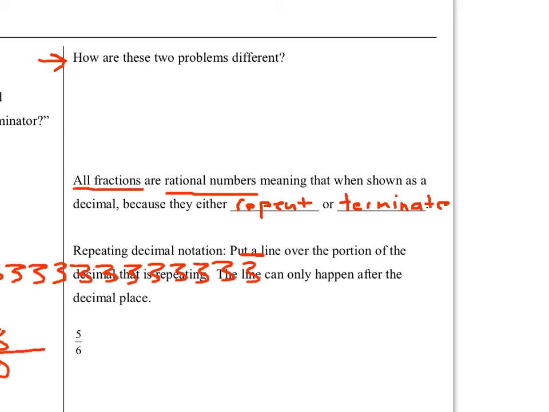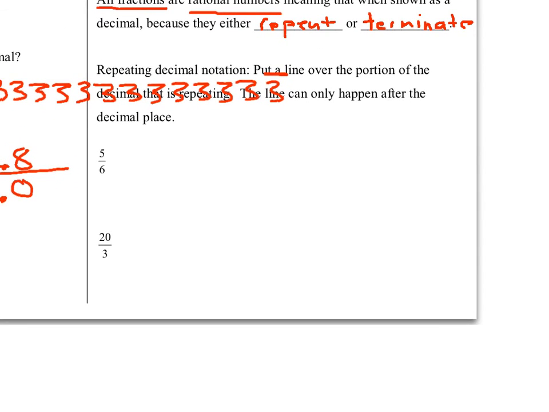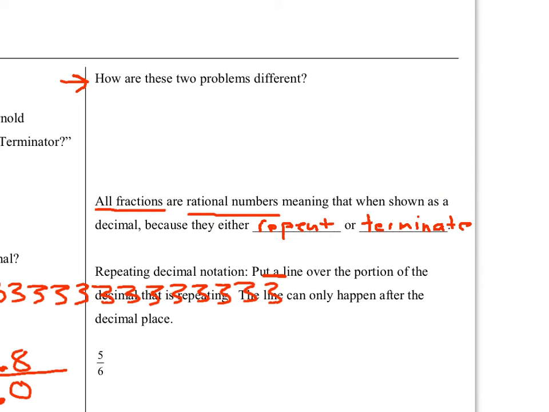Yes, Cassandra? Okay, so you're in a problem and you have 4, 5, 6, and you show 4, 5, 6, 4, 5, 6. Is that still repeating? That is still repeating. So Cassandra is bringing up the case, and I'm really glad she is. She's saying, if we were doing the work and we got 4, 5, 6, 4, 5, 6, 4, 5, 6, and it goes on and on, would that be a repeating decimal?